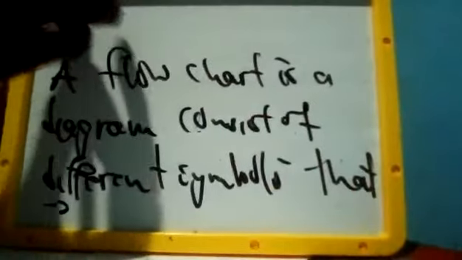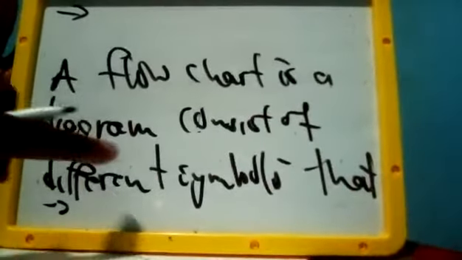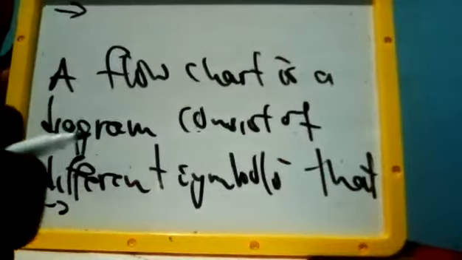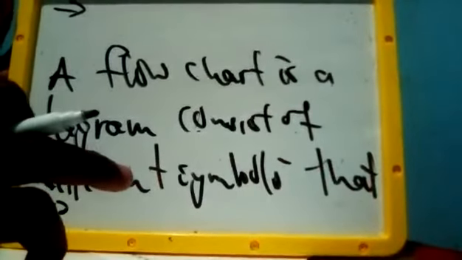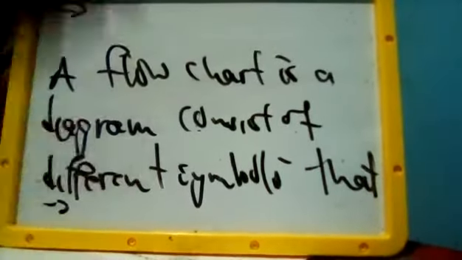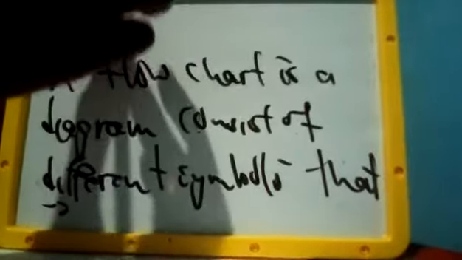I can erase the top part, as this is a continuation on top there. I say a flowchart is a diagram that contains different symbols that illustrate the logical steps of a computer program.